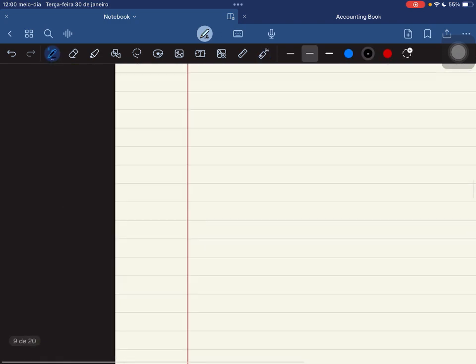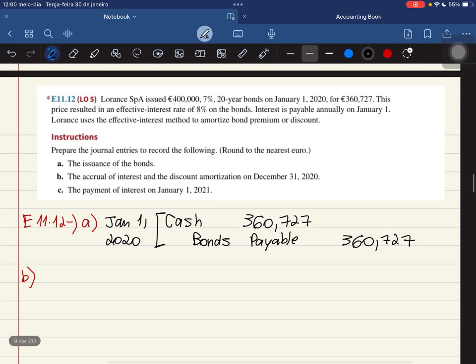Over here they said effective interest rate. Effective interest rate means market rate. It's just a fancier name for market rate. That is 8%. And we have this other rate over here, which is the contract rate.